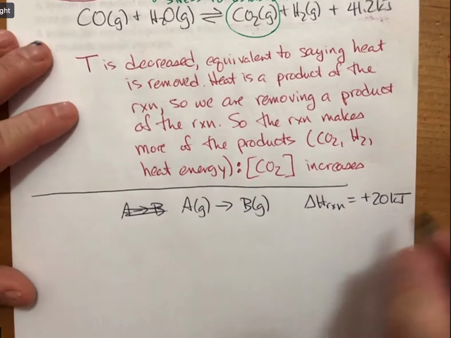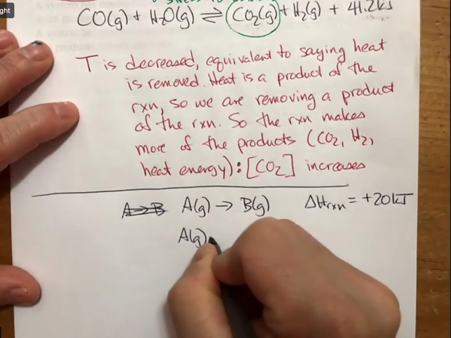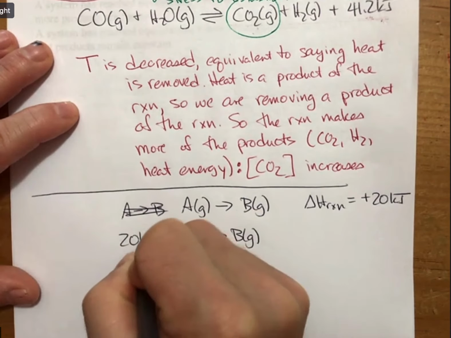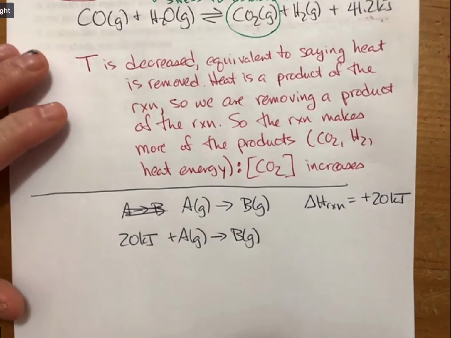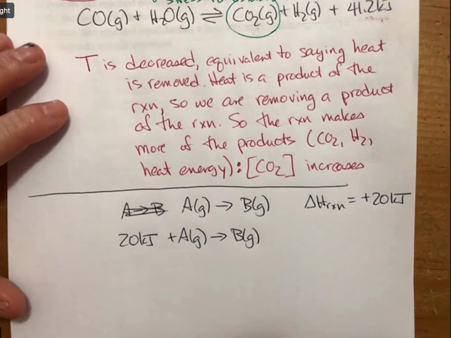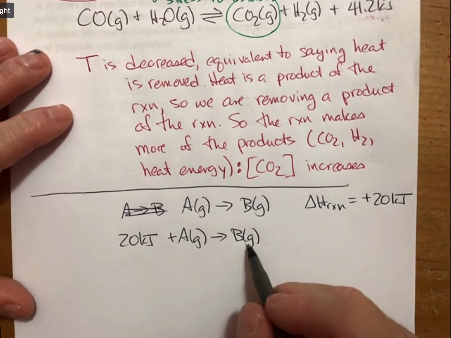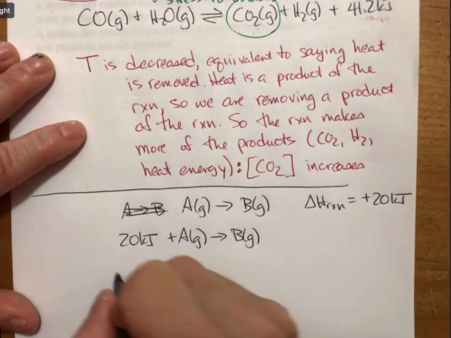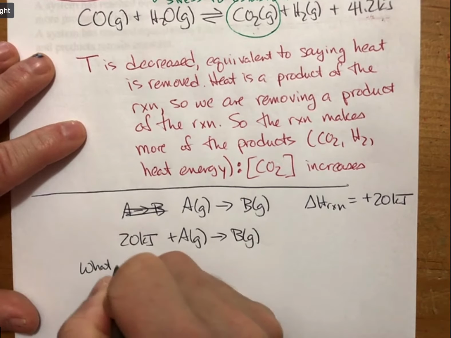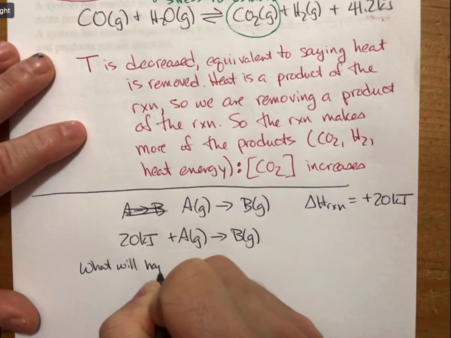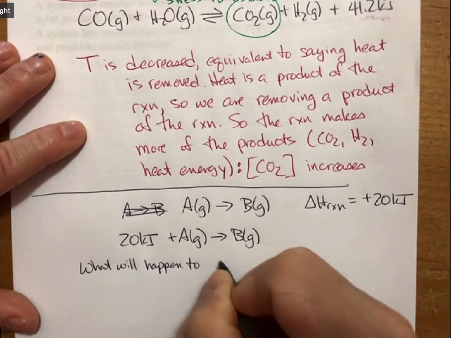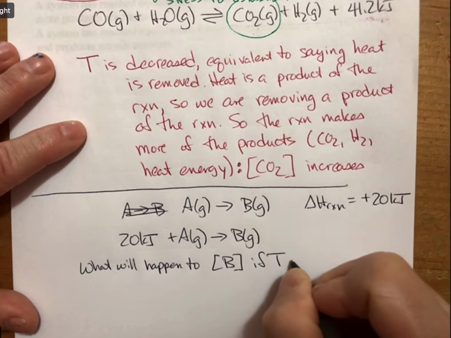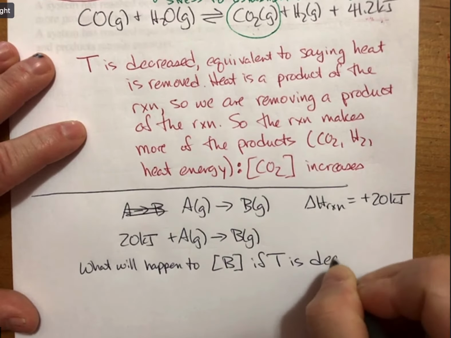That means that we can write the reaction with energy as a reactant. And let's suppose, just like above, the question is, what will happen to the concentration of our product if T is decreased?